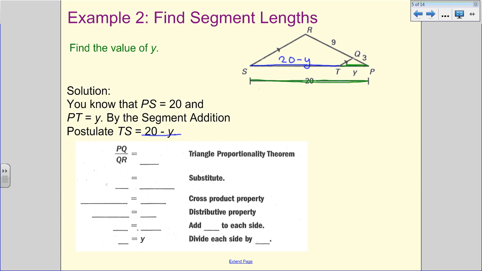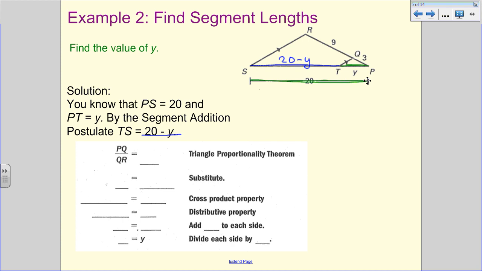So this is where they get this 20 minus Y. So we're probably going to have to use some algebra. What you're going to see here is that to name these segments or to name sides, we're going to have to do some of this addition and subtraction of the segment addition property.